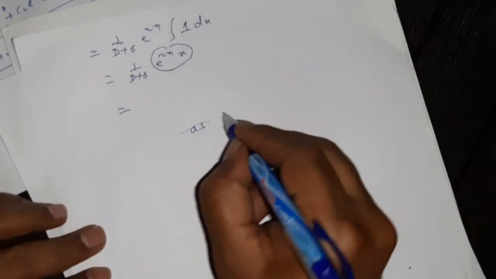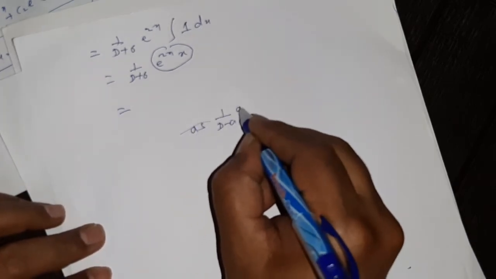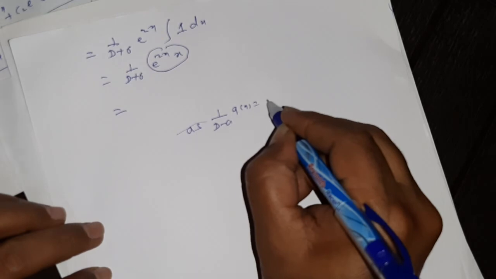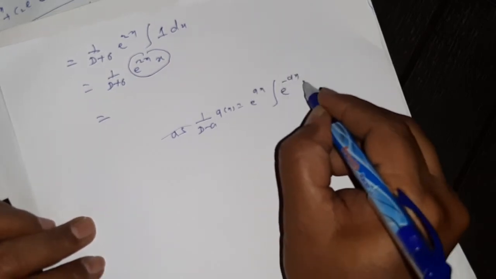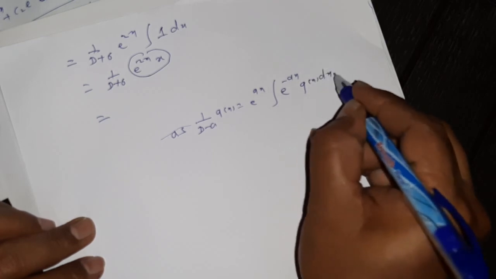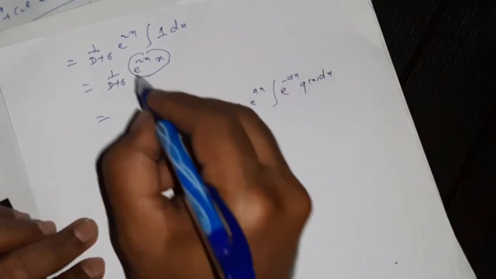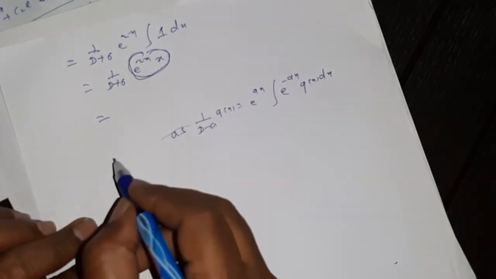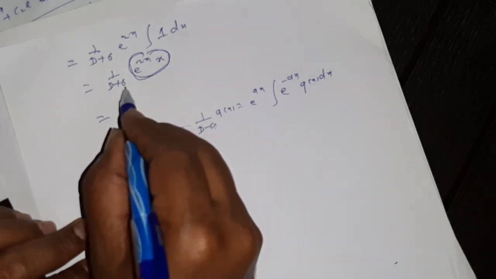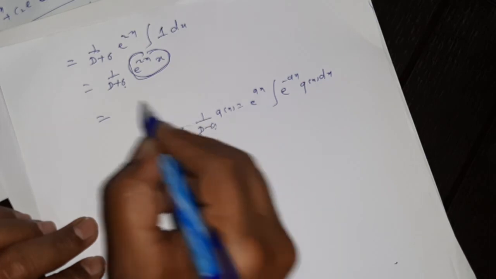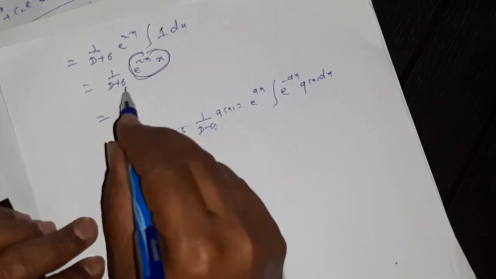Then it is equal to, next step, then this becomes Qx and apply the same rule. What is the rule? 1 by D minus a, Qx is e raised to ax, integration e raised to minus ax, Qx dx. Apply the same rule. This becomes Qx now. And what is a? a is minus 6. If we compare D minus a with D plus 6, then we have a is minus 6.